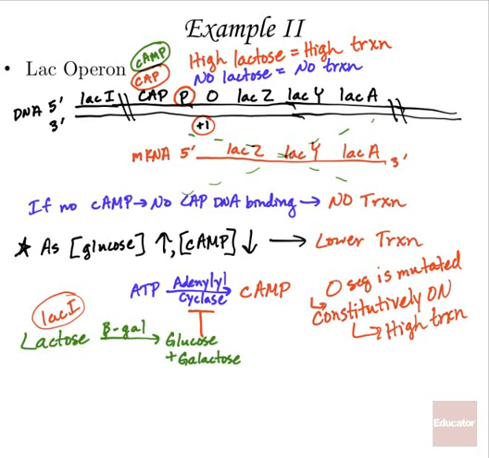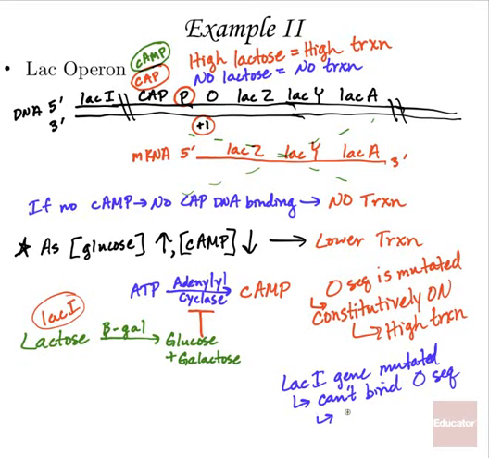Okay, now another thing that can be altered is that if the LAC-I gene is mutated, then it doesn't matter how much lactose is present, okay, because the LAC-I protein won't be able to bind the operator sequence.